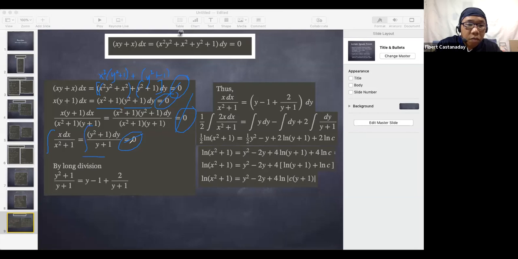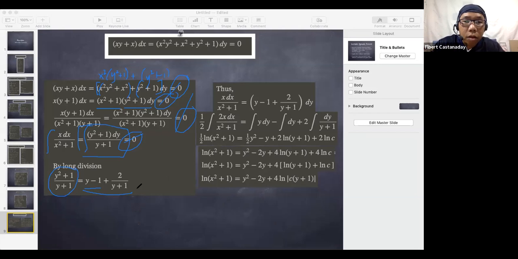So this can be solved by long division. So y squared plus 1 divided by y plus 1 is equal to y minus 1 plus, of course, you have the remainder there, 2 over y plus 1. So this rational expression, after you have done the long division, is y minus 1 plus 2 over y plus 1.